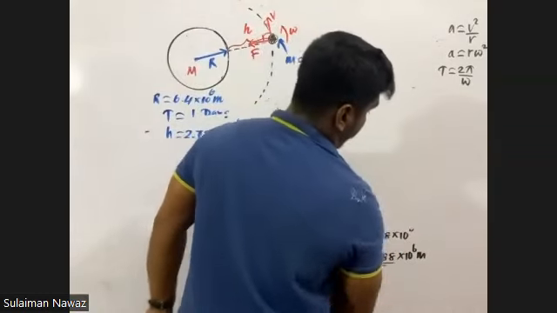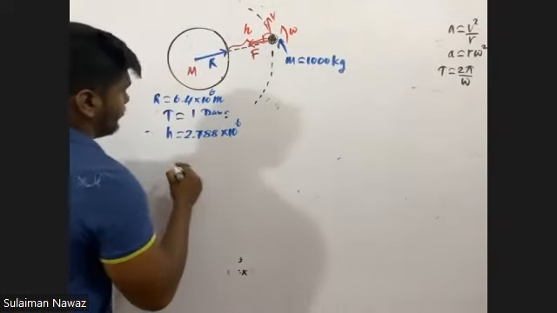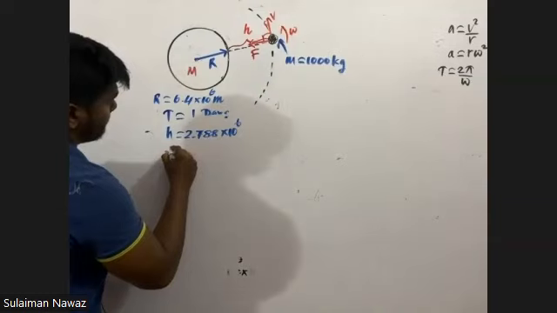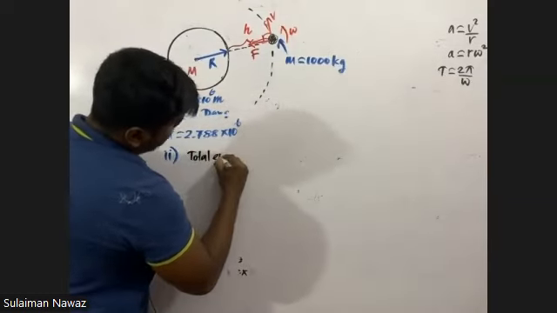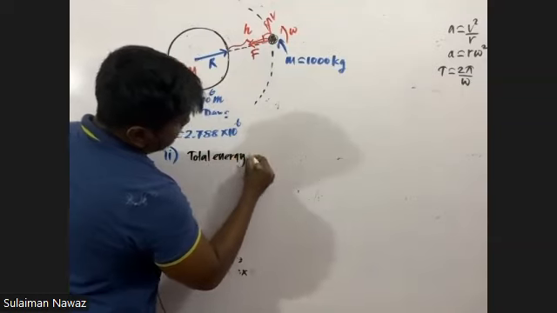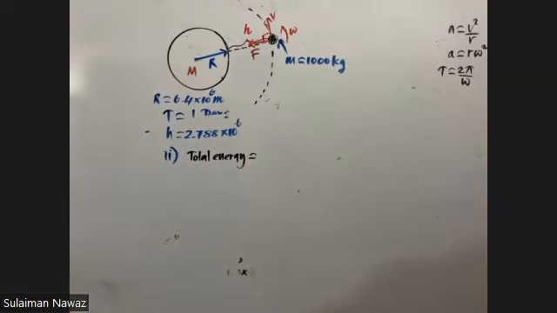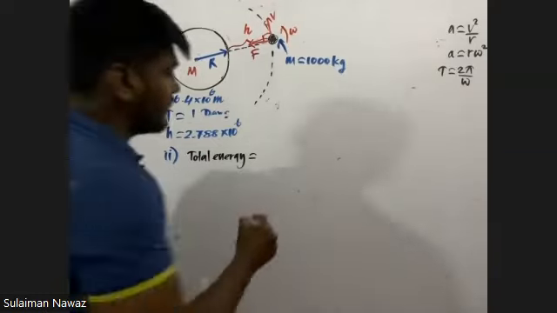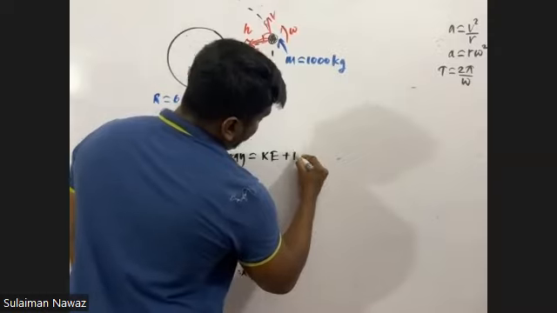Then Roman number 2, total energy, we can say kinetic energy plus potential energy.